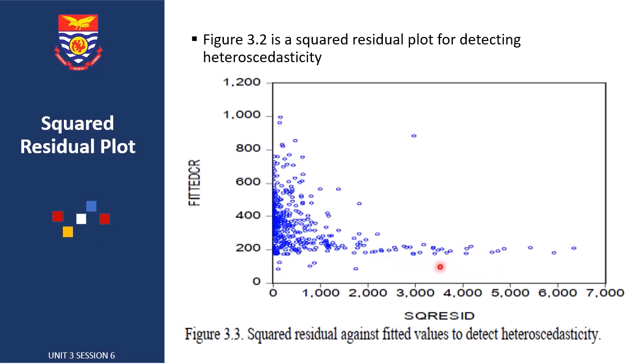But the best means of detecting heteroscedasticity will not be visual, because we cannot always be correct in diagnosing the presence of heteroscedasticity using a plot, as there are formal tests that are used in detecting the presence of heteroscedasticity, or variations in the error term.